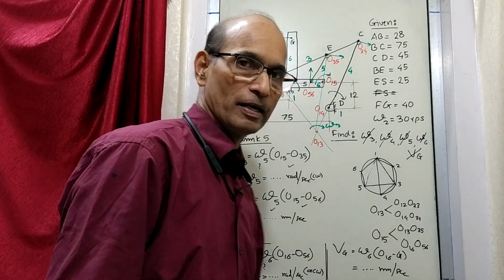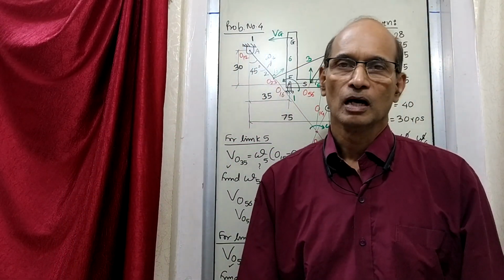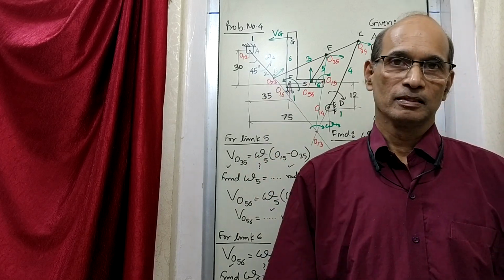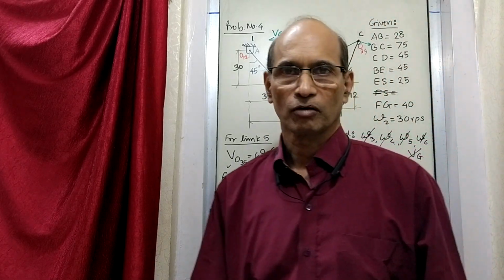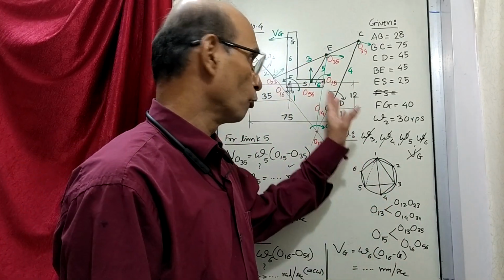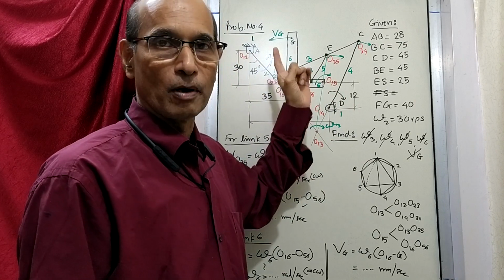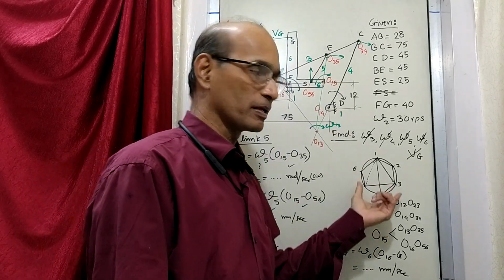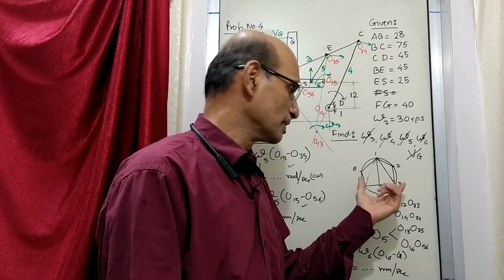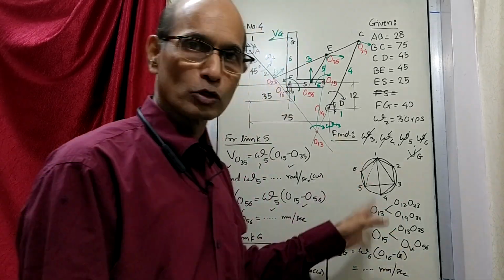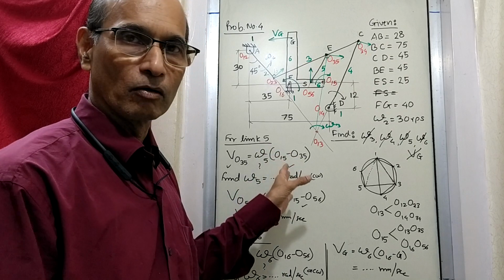So you'll get some idea how we have solved the problems. How are we solving the problems? By making use of the ICs. So in the instantaneous center method, for finding out the instantaneous centers, we observe and find out some of them, and those which are not found out just by observation are obtained by making use of Kennedy's principle. Kennedy's circle is drawn, and from that we find out the other centers, and those centers we use for finding out the velocities.